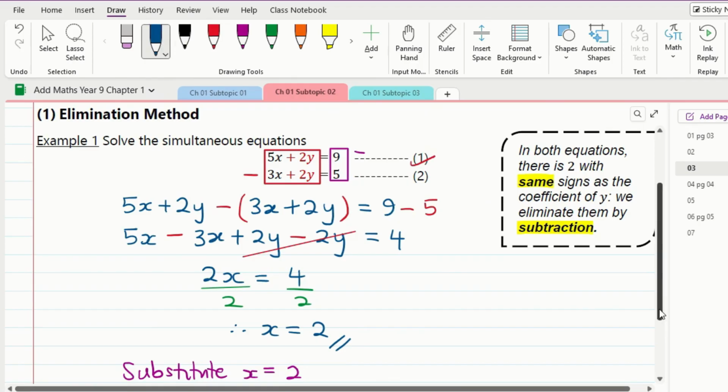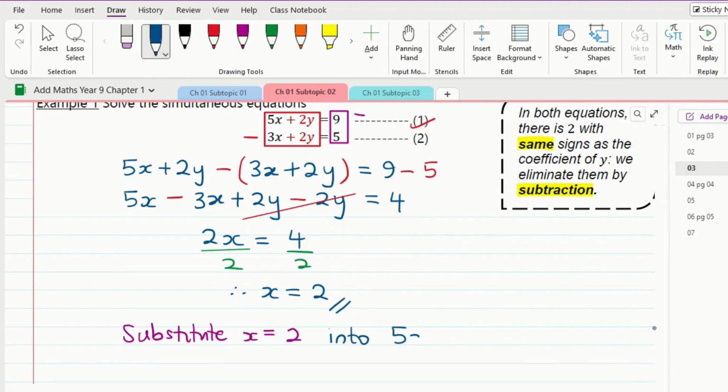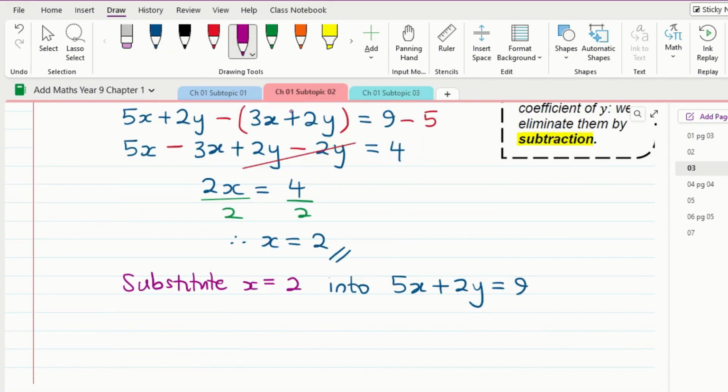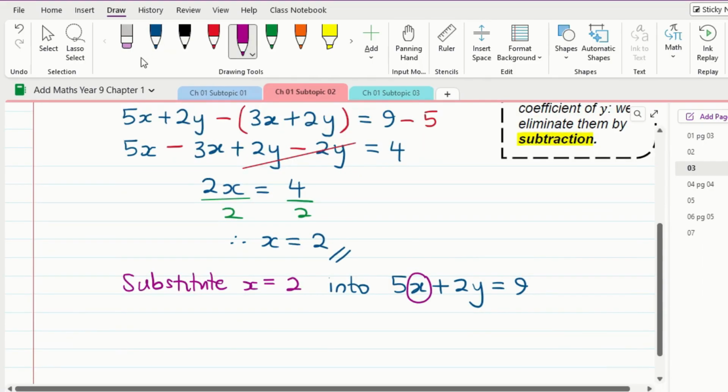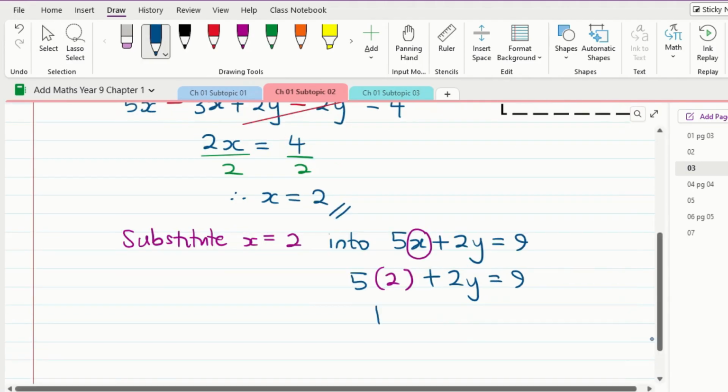So here, let's say we substitute x equals 2 into the first equation, copy it down back, which is 5x plus 2y equals 9. So here, x will be substituted. Okay, so 5x means 5 times 2, or you can use bracket 2, plus 2y equals 9. So this one is easy to solve.